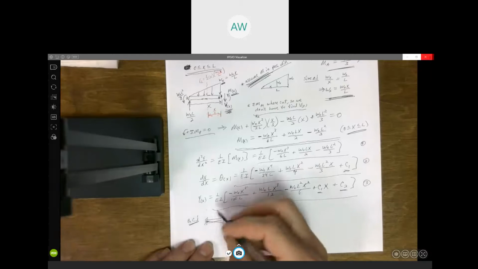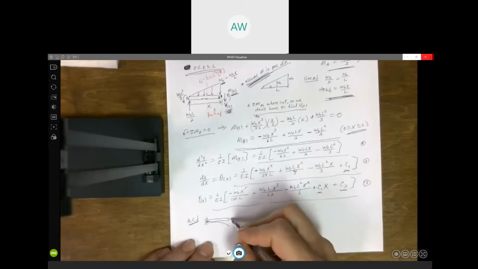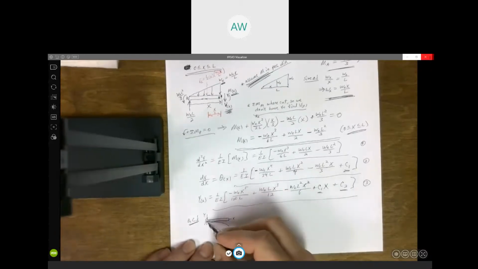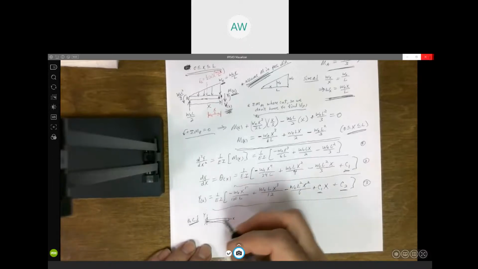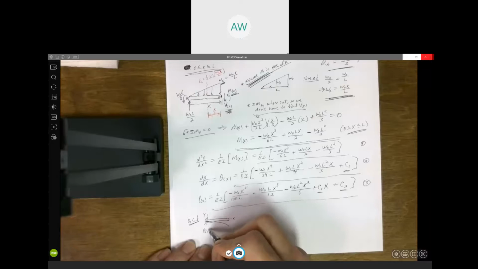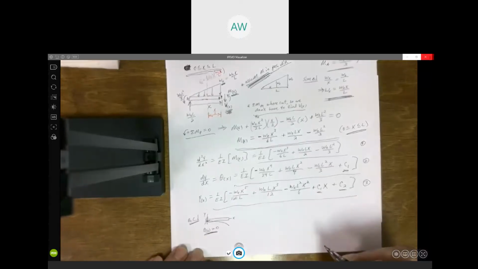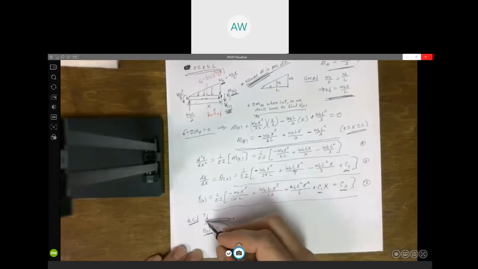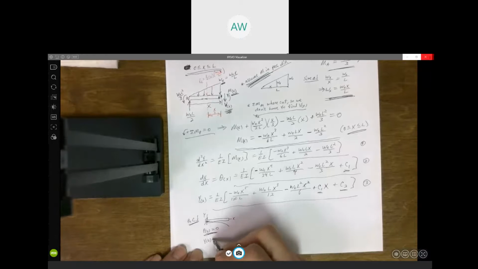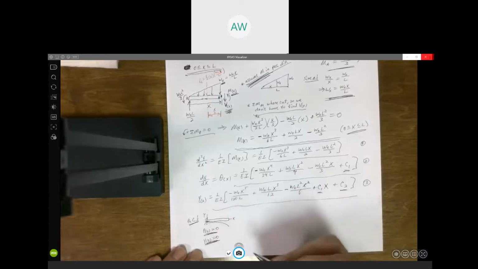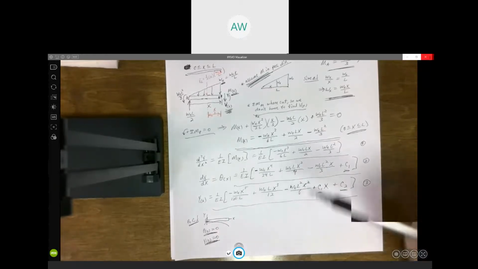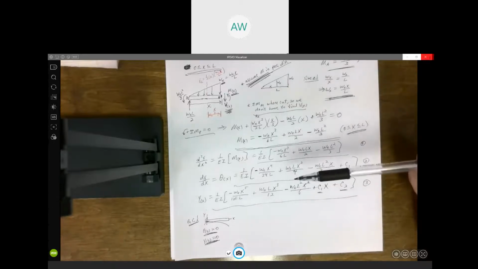But at this end here, when x is 0, the slope is 0. When x is 0, y is 0. It does not move up or down there. Those are the two boundary conditions I have for this beam based on how it's supported.